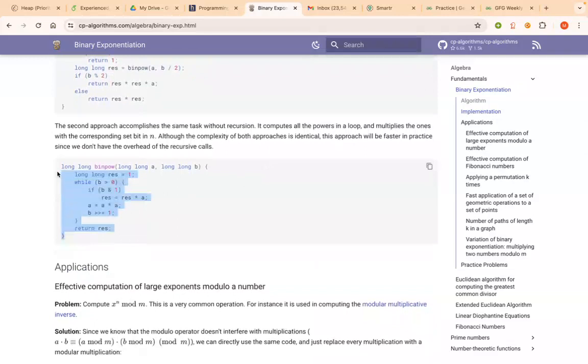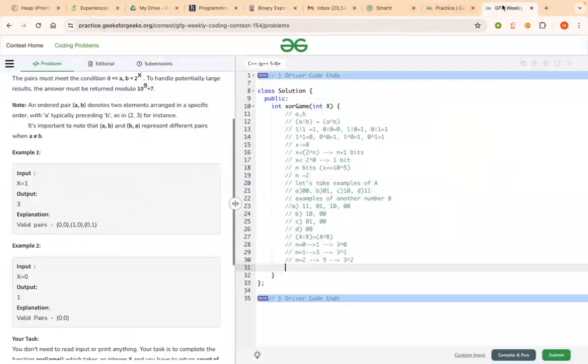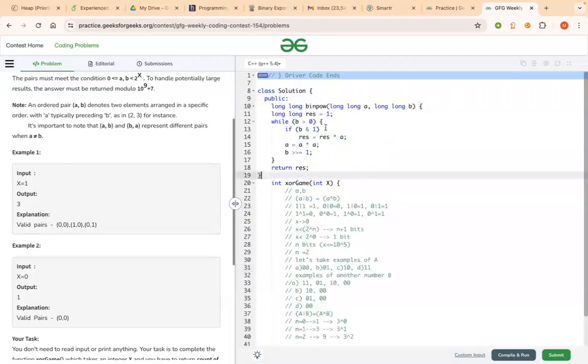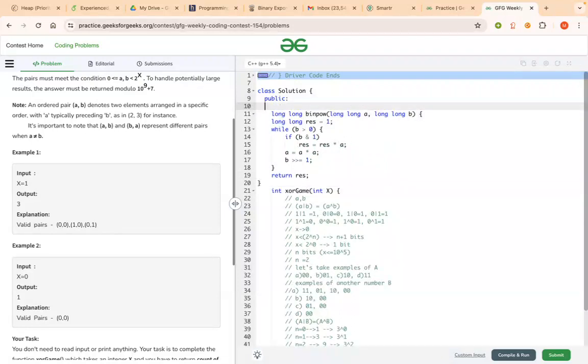So I have used this code, modified it a bit for using modulus. Let's put it here and try to solve. I will just use a modular here, which is 10 to the power 9 plus 7. So I will use the modular operator here.